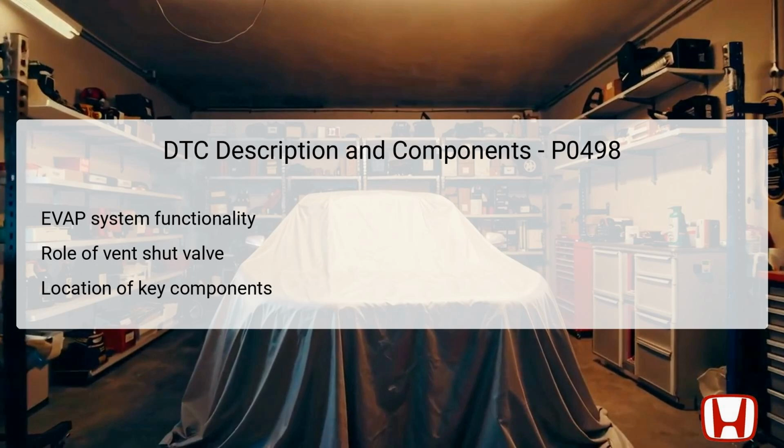Located near the EVAP canister, typically beneath the rear of the vehicle, the vent shut valve also connects to the vehicle's powertrain control module, PCM, which manages its operation. This valve is a solenoid-type device that reacts to changes in engine load and pressure to maintain proper function. Any issues, such as low voltage, disrupt its operation and trigger the P0498 code, indicating a malfunction in this critical component.